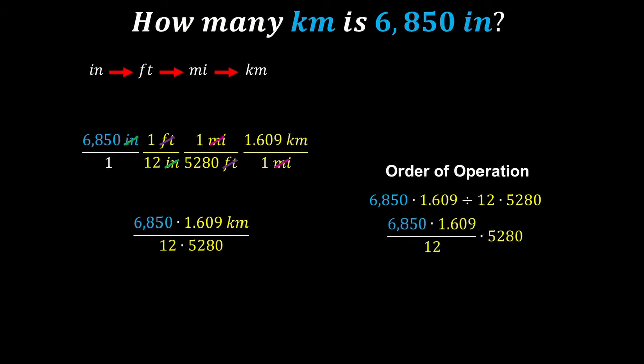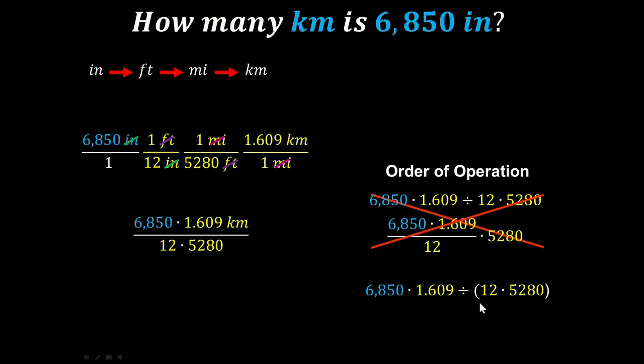And no, because when you type it in this way, you thought you were telling it this, but you were actually saying take those numbers, divide by 12, and then multiply by 5280. So that is not the right way to do it. So students say, well, I'll use parentheses. And absolutely, parentheses work. I could take this times this divided by open parentheses, 12 times 5280, close parentheses.